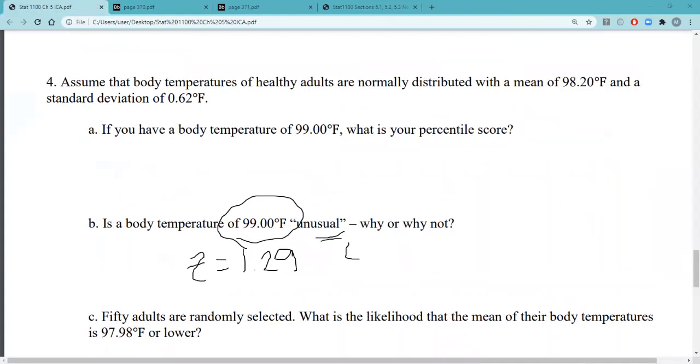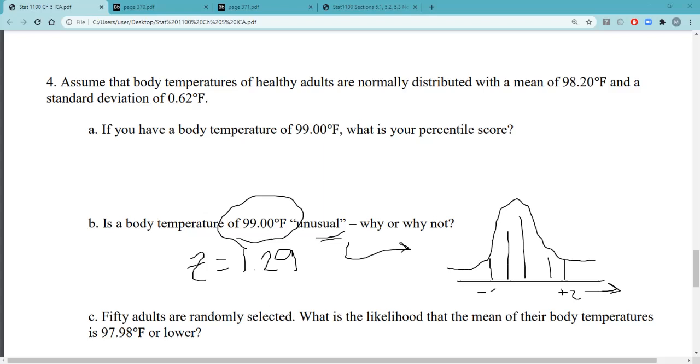For it to be considered unusual, we need to be 2 or more standard deviations in each direction: greater than 2 standard deviations to the right, or less than 2 standard deviations to the left.